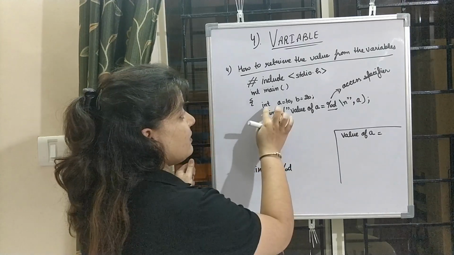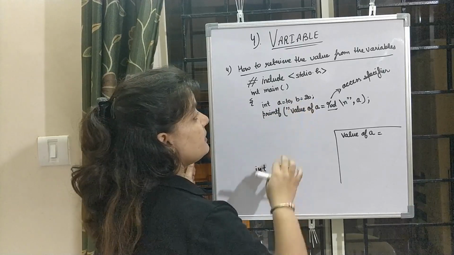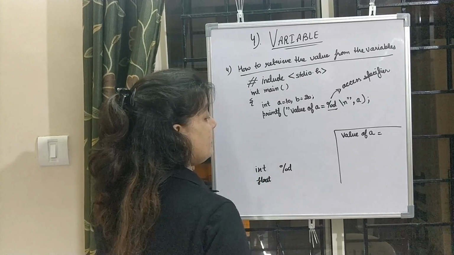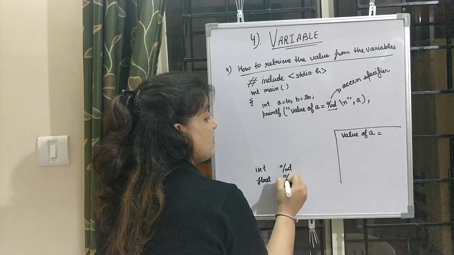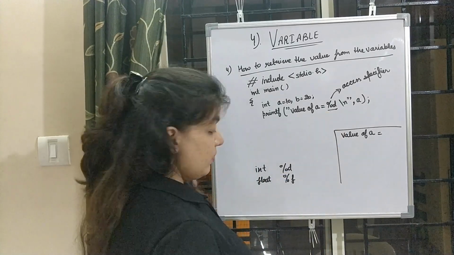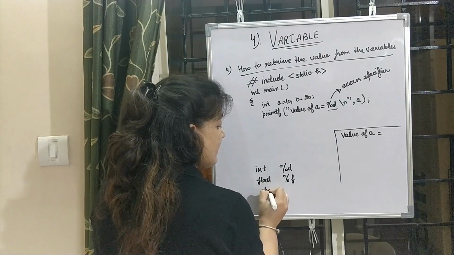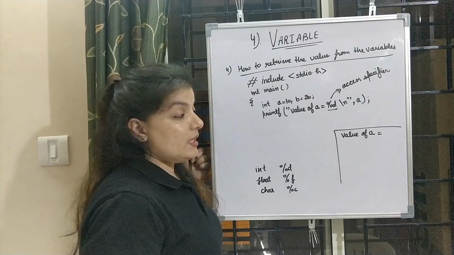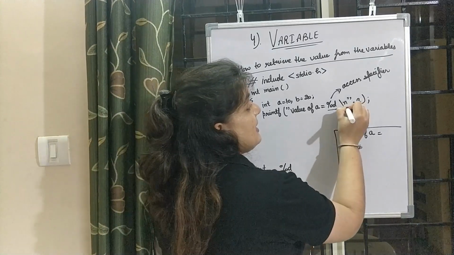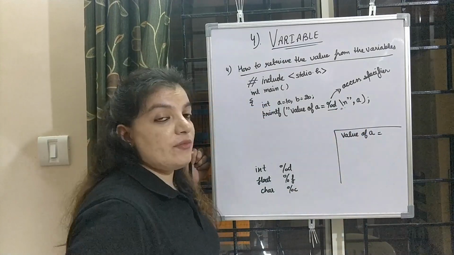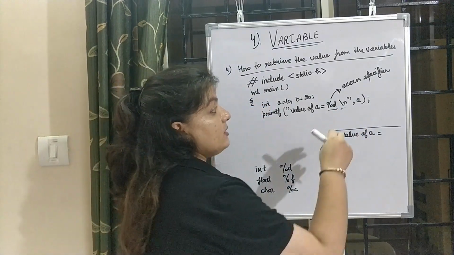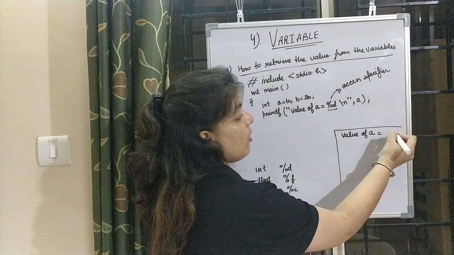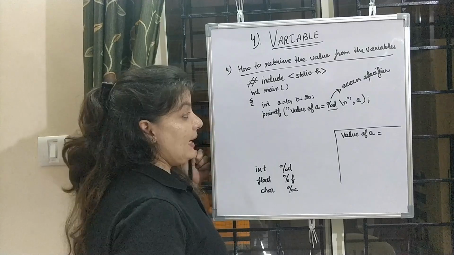In case you have the same data and the same variables with the float data type, for this we need the access specifier %f, and for the character data type we need the access specifier %c. You know about the \n. \n is known as a white space character, meaning it is used to move the cursor of the output screen to the next line.